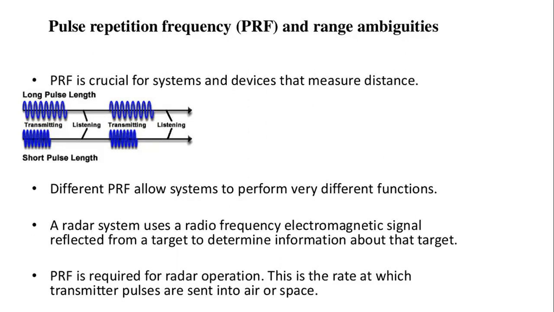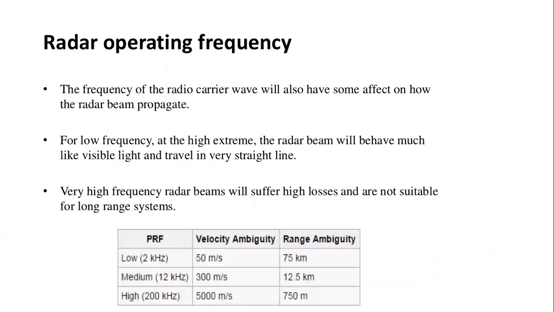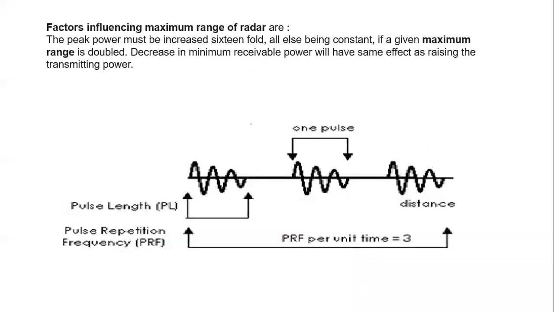Either we are talking only about transmitting or only about receiving. So that gives us the pulse repetition frequency and what frequency the pulse should be sent at. Then of course the frequency: we need to have a very high frequency. But very high frequency will suffer high losses and is not suitable for a long range system. But we can use it for short range. So depending upon which application we are going to use, we will be picking the frequency, right?